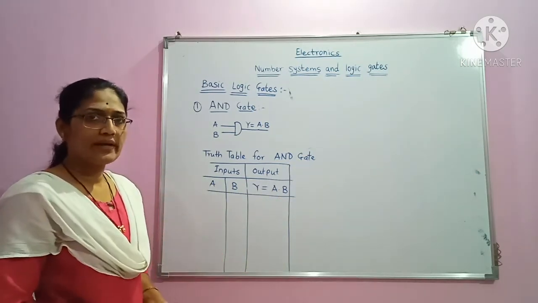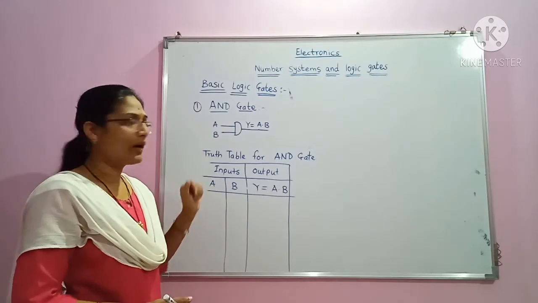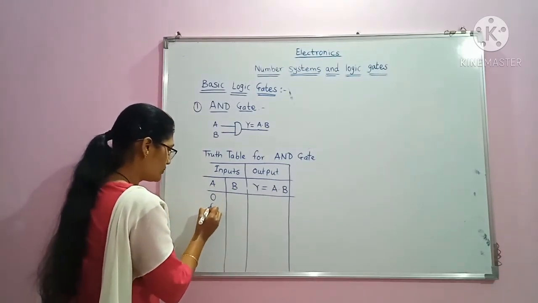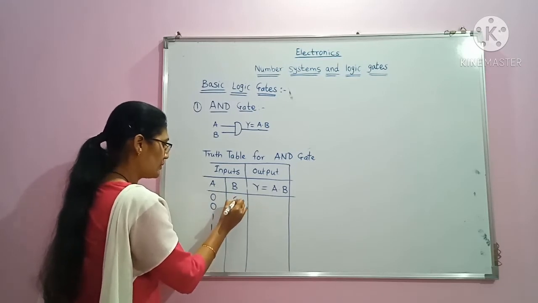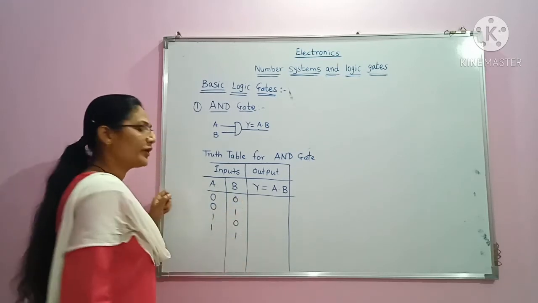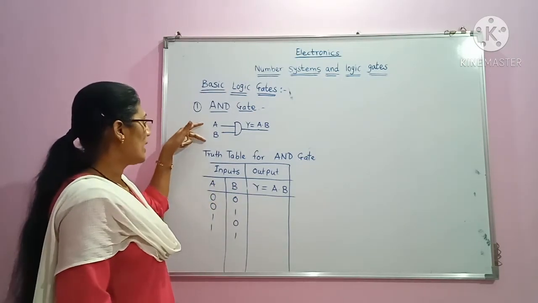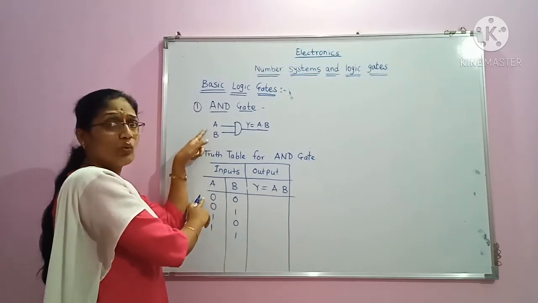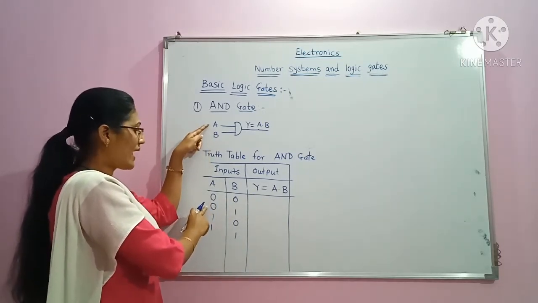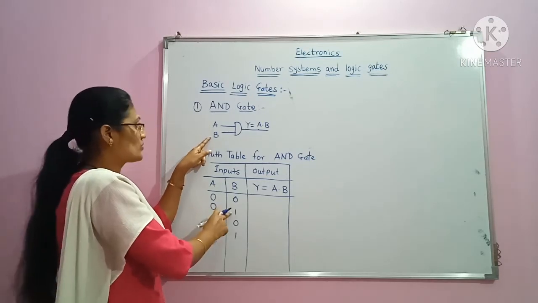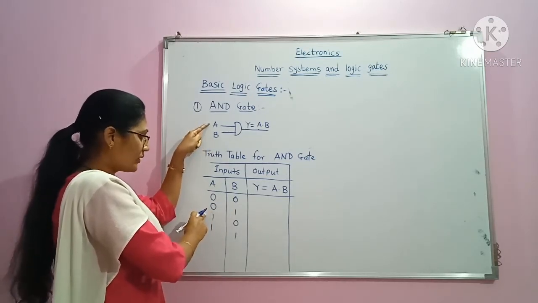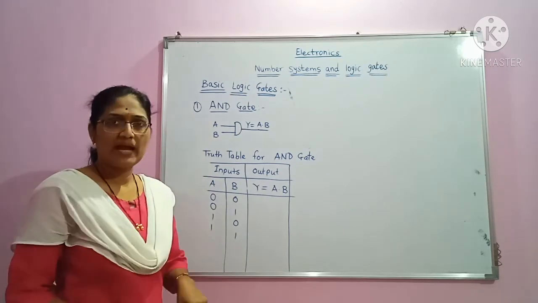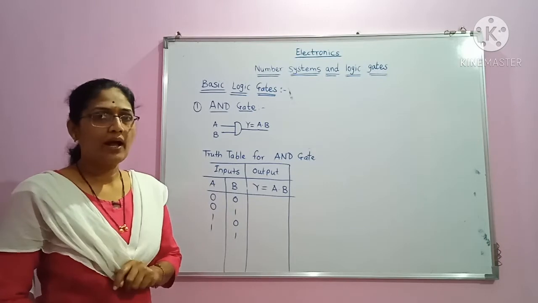Now I will select the various inputs as A and B such that 0, 0, 0, 1, 1, 0, 1, 1. It means that initially I will keep A as 0, B as 0, that is A low, B low, then A as 0, B as 1, then A as 1, B as 0, and finally A as 1 and B as 1, both the inputs at high.